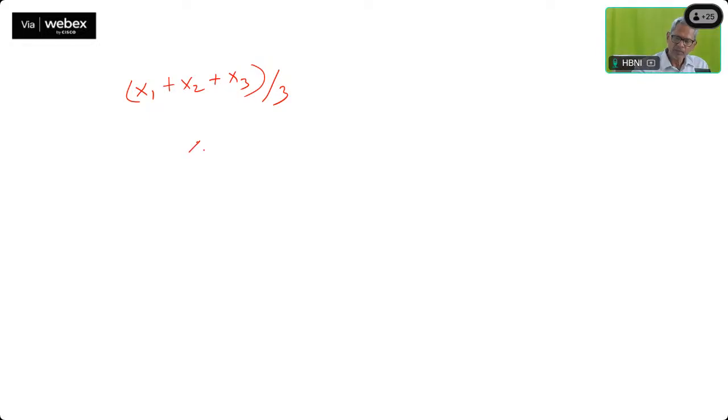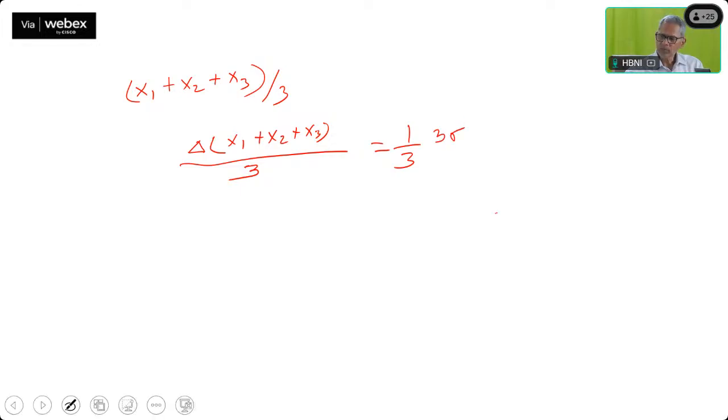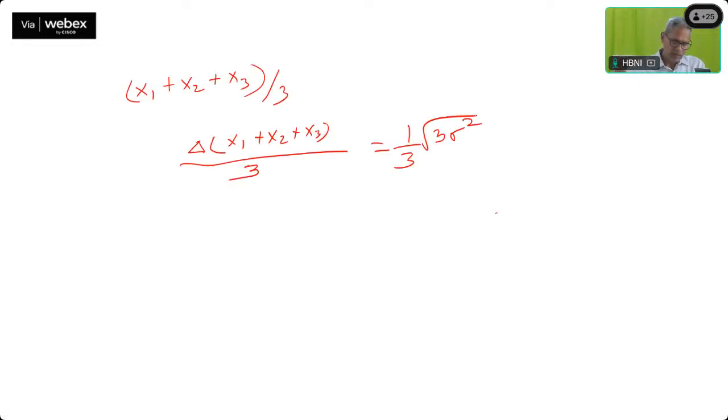Then the standard error or standard deviation for this average will be 1 by 3 times root 3 sigma, that is equal to sigma by root 3.